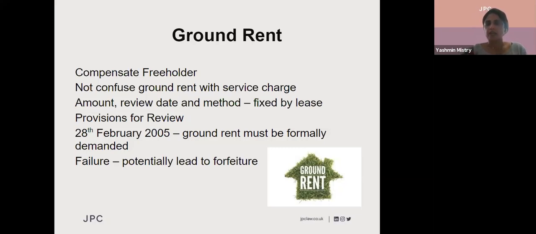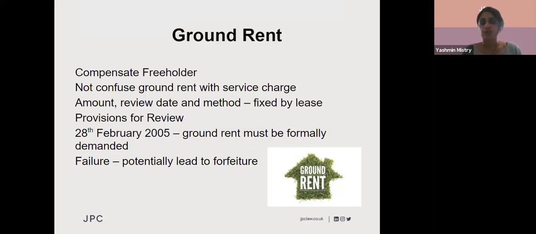One thing here is that if you are instructed as property managers on behalf of the landlord, and you take on a new block, or just generally in terms of all the blocks that you're dealing with, the one thing to do is obviously check the ground rent provisions to see whether there are changes to the ground rent and how those changes work, and diarise those ahead.